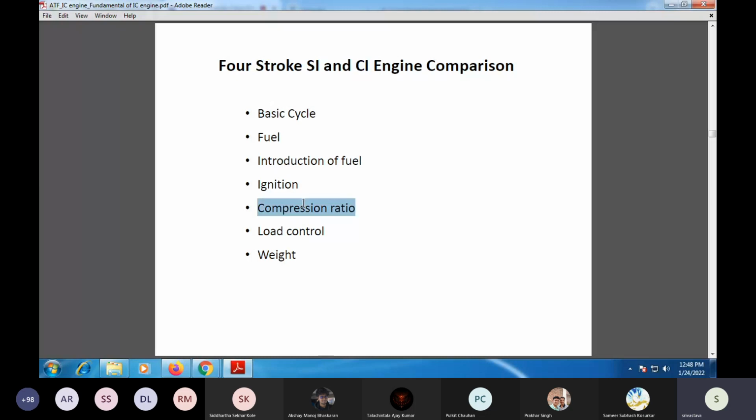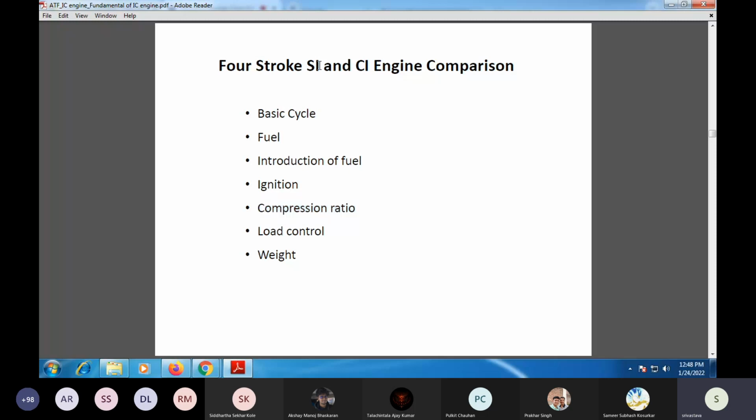Compression ratio. I have just introduced the term, but I am holding it until I discuss some of the engine parameters. Then we will discuss compression ratio in detail. For now, please take it like this: the compression ratio of the SI engine is less than the CI engine.